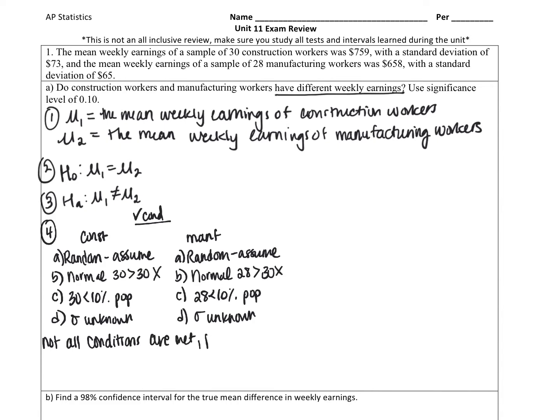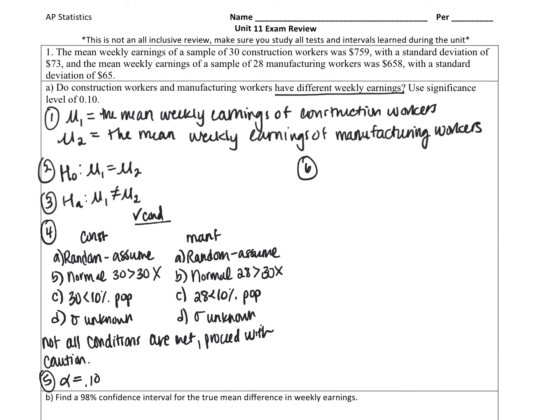So we need to proceed with caution. So all this means is that we realize that any outcome that we decide upon here may or may not be accurate because all of the conditions that ensure accuracy are not met, like B. Alpha equals 0.10.